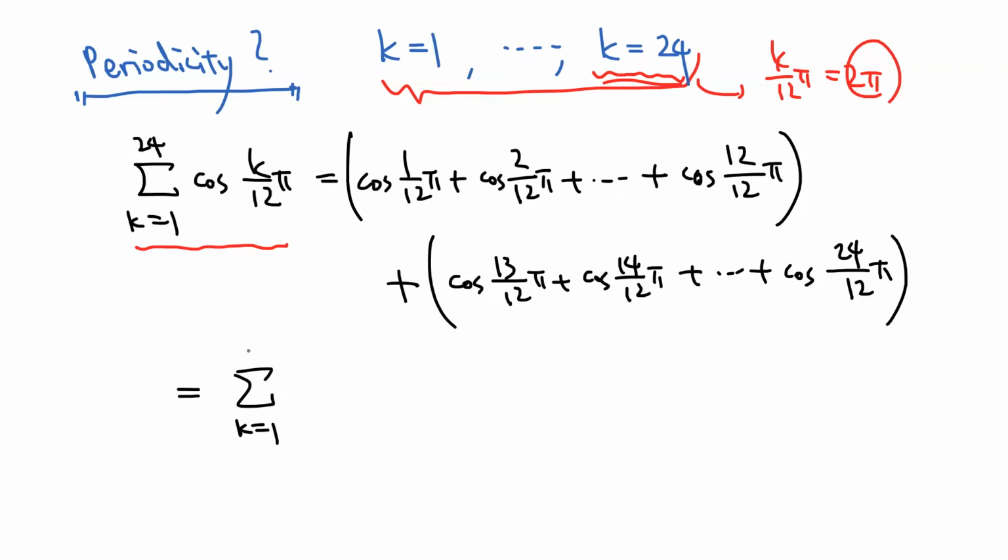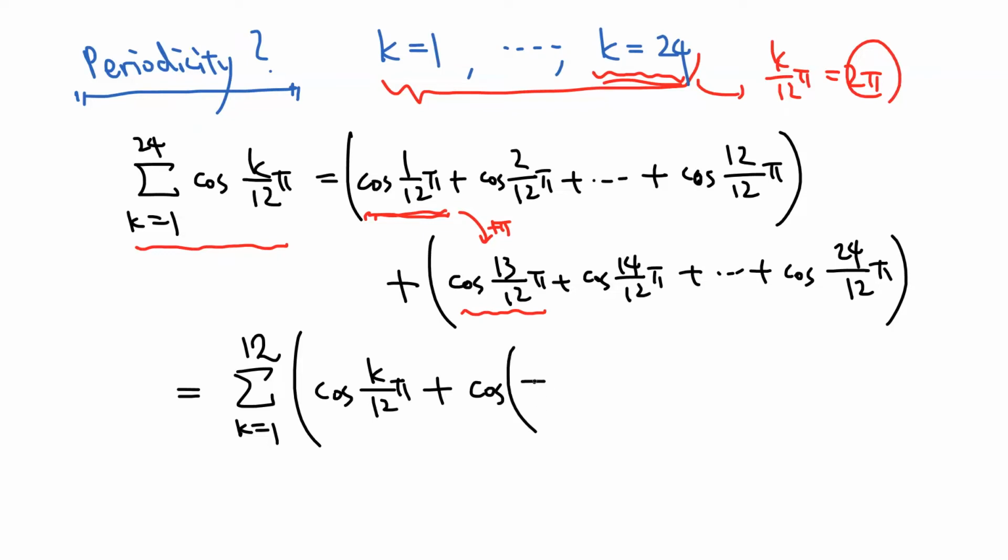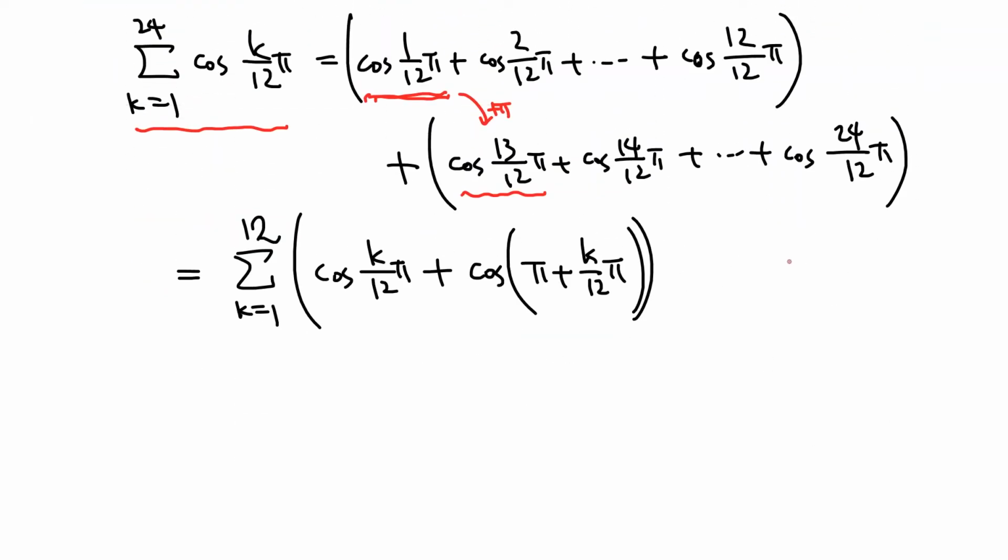k from 1 to 12. The first part is cosine k over 12 pi, and the second term is simply adding pi to the angle. So cosine pi plus k over 12 pi. And now we use the property of cosine, which is cosine pi plus some angle is simply minus cosine of that angle.